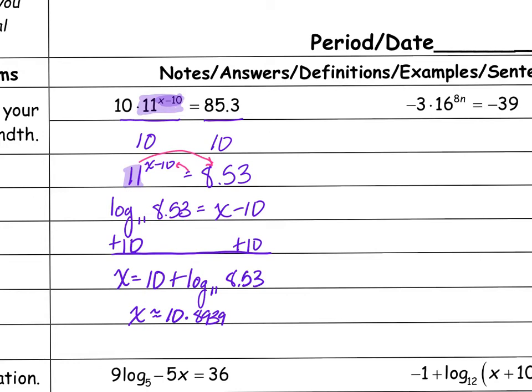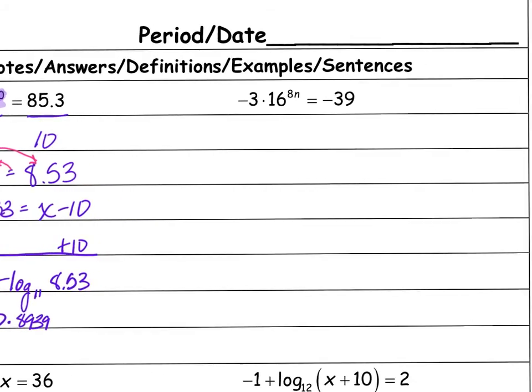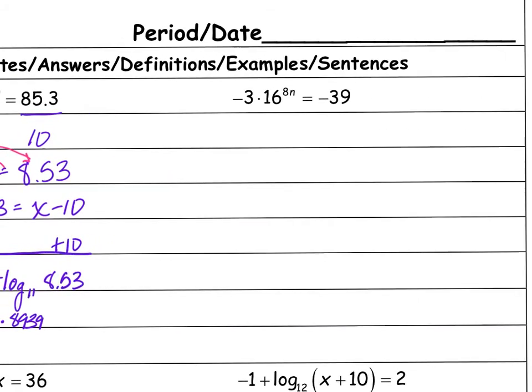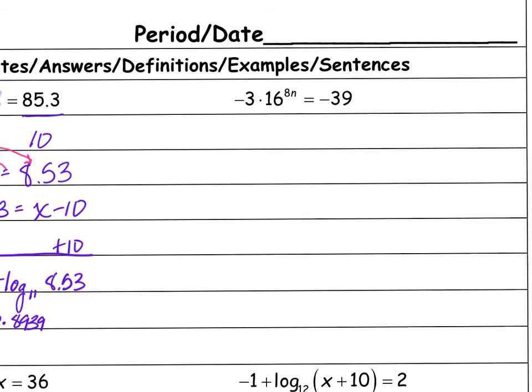Not too bad, right? So now we're going to go ahead and go on to the second equation. Here we go. And it's very similar. We're going to do something almost exactly the same. So I want to make sure that I get my exponent alone, which is right here. My term with my exponent is right there, so I'm highlighting it for myself. I want to get that alone.